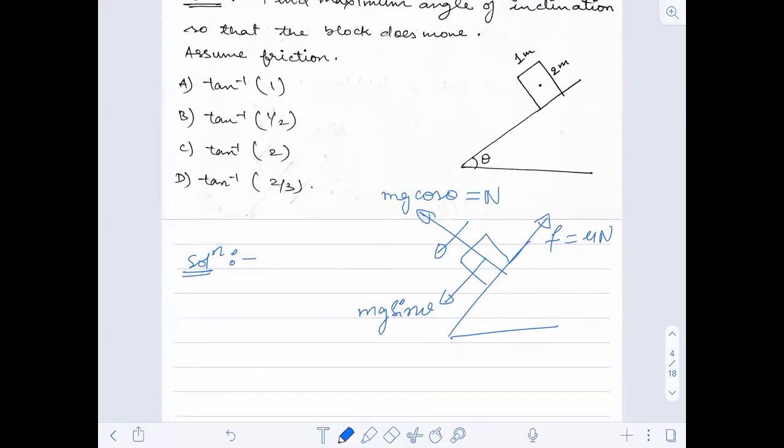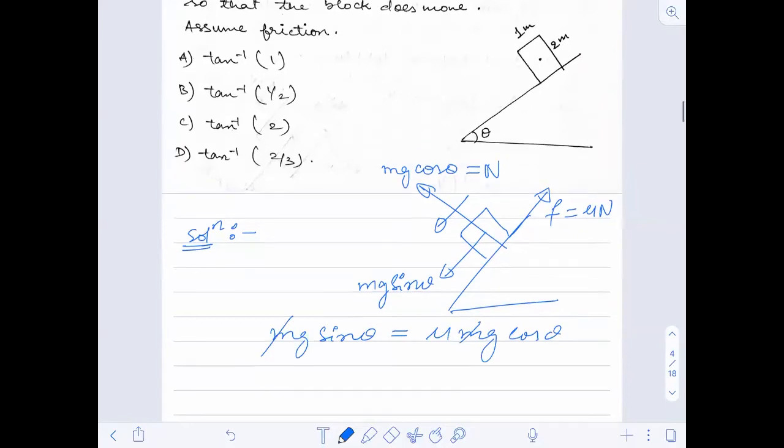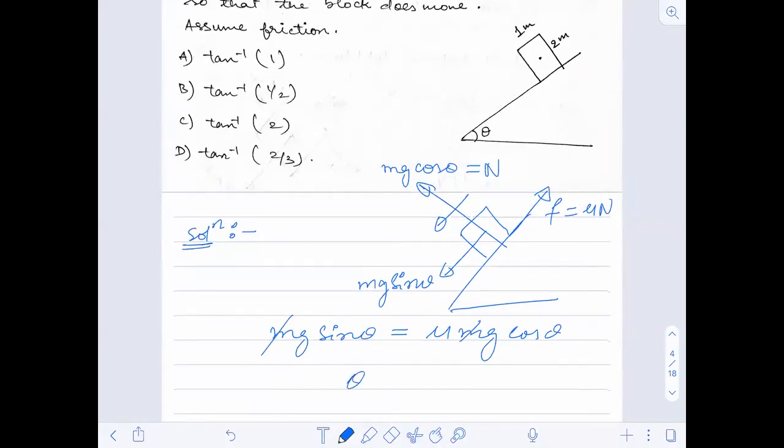For the equilibrium case, the maximum angle where the block does not move, I equate mg sin theta to mu mg cos theta, and I can calculate theta from here. So theta will be tan inverse mu.